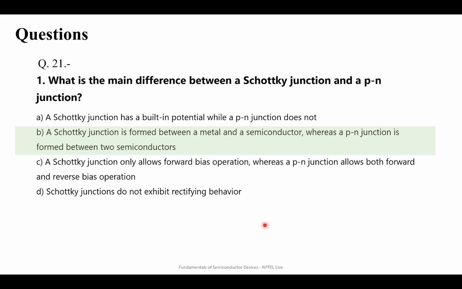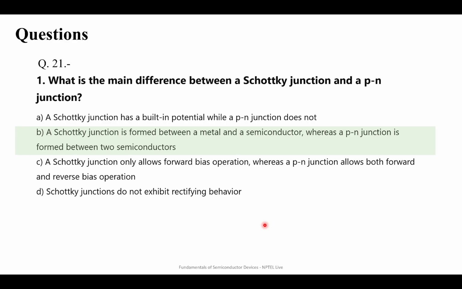A Schottky junction is formed between metal and semiconductor, while a PN junction is formed between two semiconductors. So till now we were studying PN junction diodes, where you join a p-type semiconductor and an n-type semiconductor. Now what will happen if you join a metal and a semiconductor?